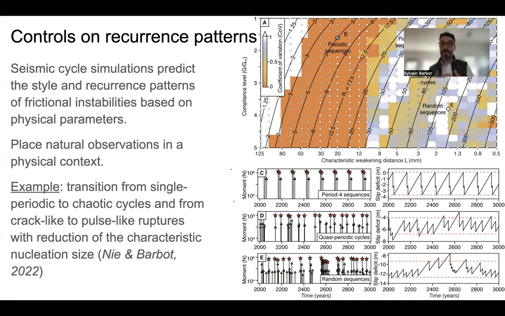As the characteristic weakening distance of earthquakes shrinks, there is a transition from quasi-periodic earthquakes to more chaotic sequences. So if earthquake faults are more and more unstable, it leads to a transition to sequences that are chaotic and deviate substantially from time- and slip-predictable models.